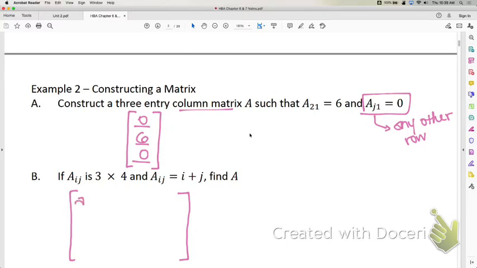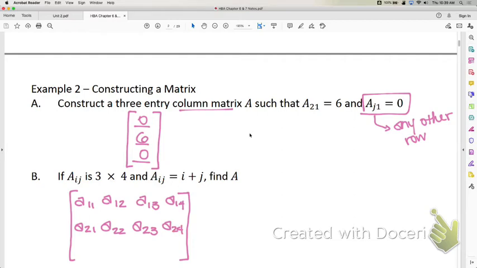So I'm going to call this A11, row 1, column 1, A12, A13, A14, and so on. I have 3 rows, 4 columns. Can we fill these in? Okay, so A21, A22, and so on.